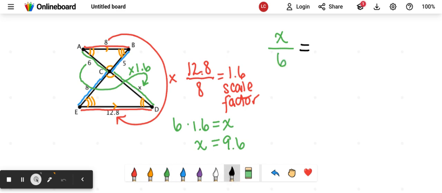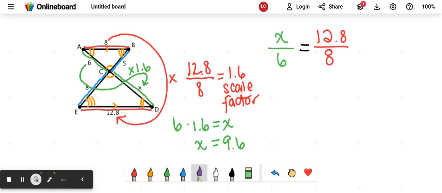And that ratio of those two corresponding sides is equal to any other pair of sides that I know. So let's go back and use our 12.8 on the bigger triangle and our 8 side. So the two red sides that are corresponding. And so now I can use that equation, that ratio, to solve for X.